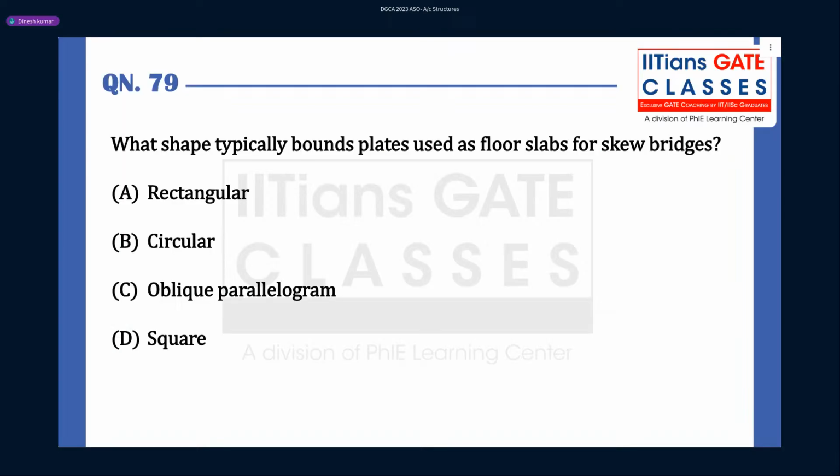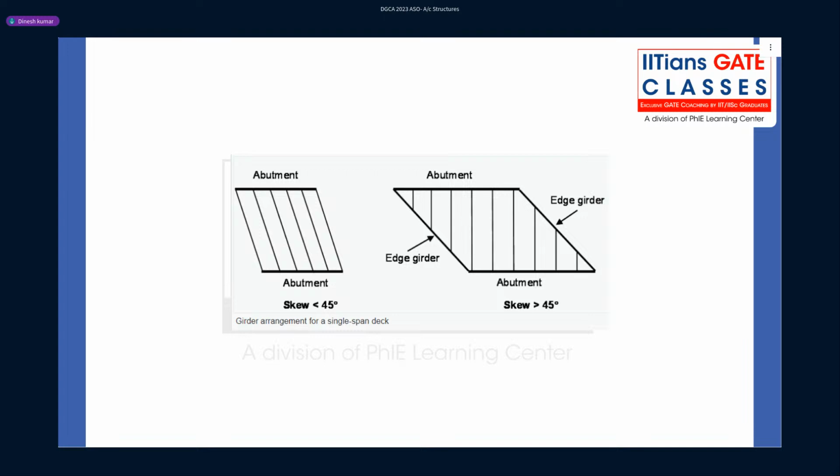Now look into the next question, what it says. What shape typically mount plates used as floor slab for skew bridges? So guys, in case of skew bridges, usually oblique parallelogram bound plates are used, because of the property of skew bridges. You can see the angle will be less than 90 degrees.